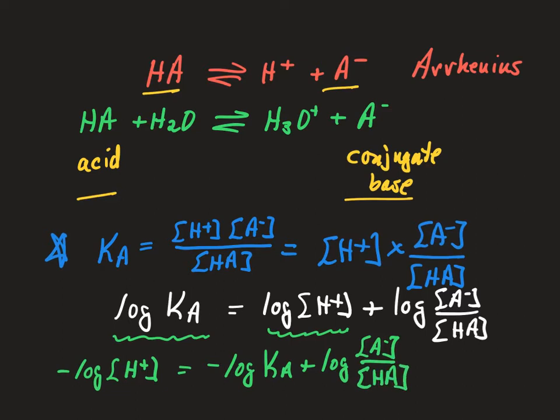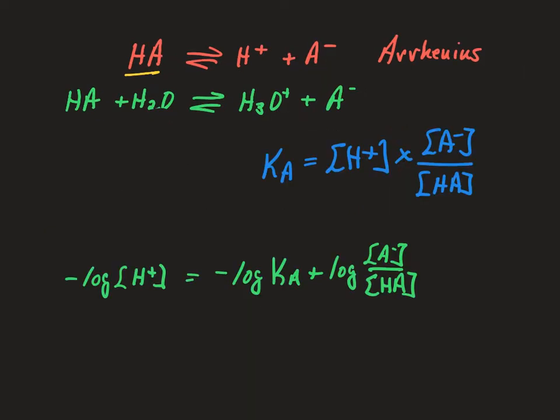Now we're out of room, so we'll have to move to another sheet. Clearing some space here. That rearrangement gives us a different equation. We might recognize that this is our definition of pH, and this is our definition of pKa.